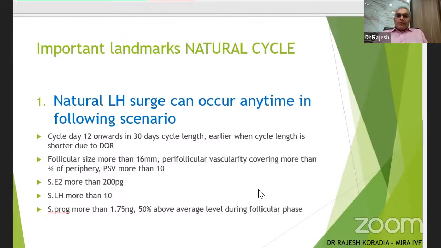Follicular size more than 16 millimeter, perifollicular vascularity covering more than 3/4 of the periphery, and PSV more than 10. Serum E2 level more than 200 picogram, serum LH level more than 10, and serum progesterone more than 1.75, or 50% above the average level during the follicular phase.